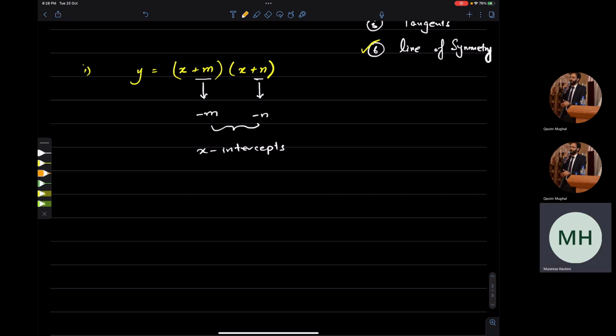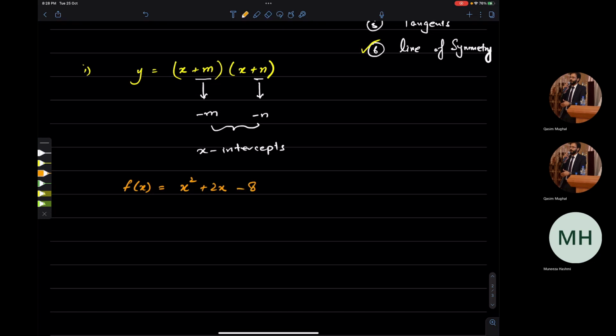For example, you have the function f of x equals x squared plus 2x minus 8.